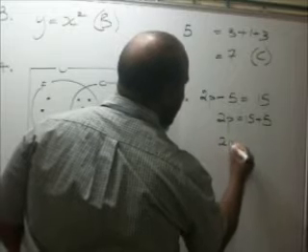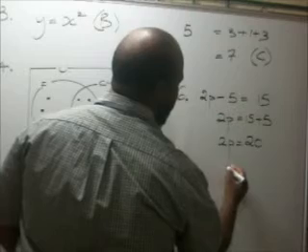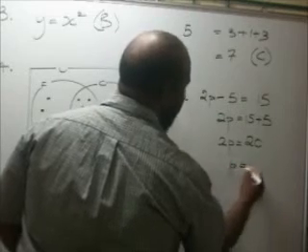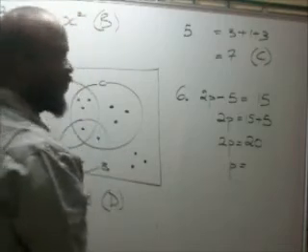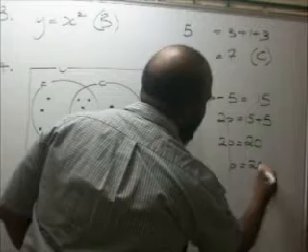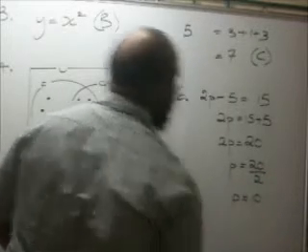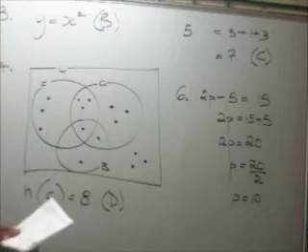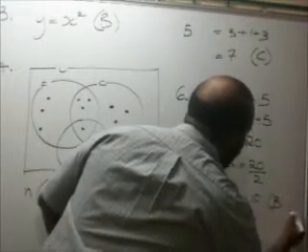Therefore, 2p will be equal to 20. Now over here we have 2 multiplied by p. Therefore, that 2 will go over as divide. So that's equal to 20 divided by 2, and p will be equal to 10. So p is equal to 10, and for question number 6, the answer here is B.